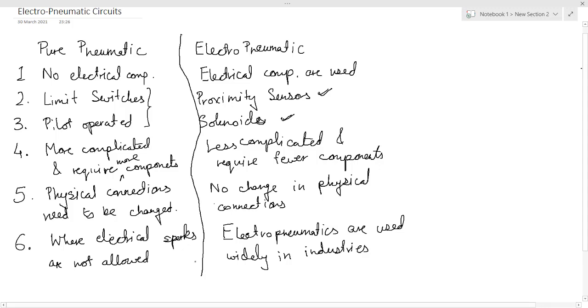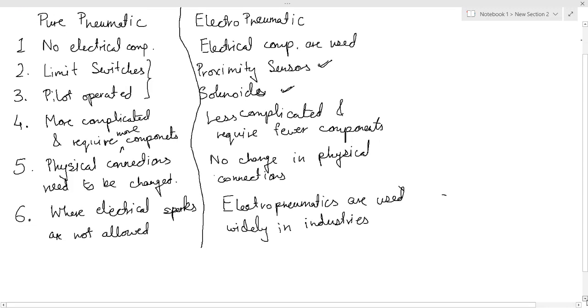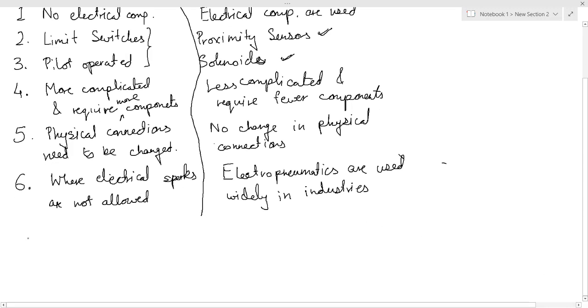Now just as we learned to control A plus A minus motion of a pure pneumatic piston, in a similar way we will start off with A plus A minus. See, how did we do it in our pure pneumatic part? First we learned the circuit for A plus A minus. Then we learned the simple circuit for A plus B plus A minus B minus.